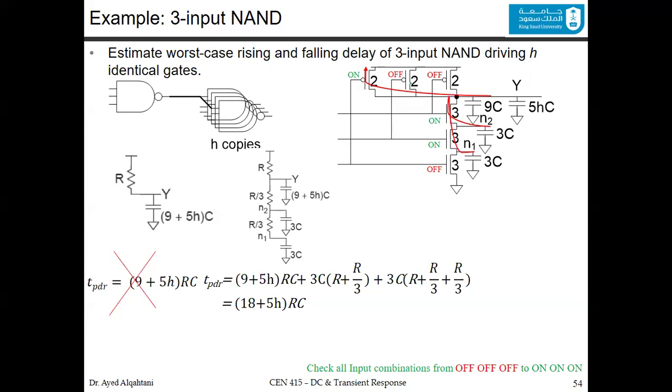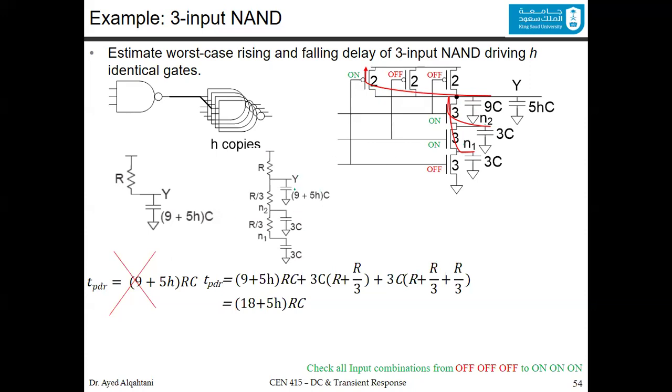If those 2 are off, then definitely both of these transistors are also on, which means that you are not charging only Y, you also need to charge N2 and also N1. And that's the worst case that could happen when you are charging this gate. You have 3 nodes that you need to worry about. These 3 nodes are indicated by this model.